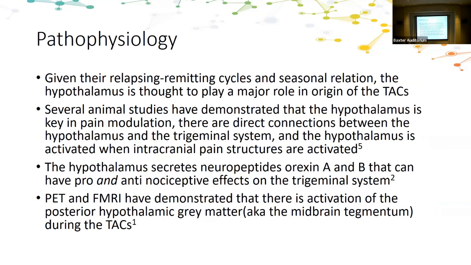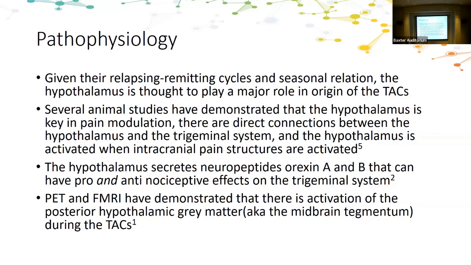Several animal studies have shown that the hypothalamus, we know, is key in pain modulation, and there are direct connections between the hypothalamus and the trigeminovascular system. The hypothalamus is activated when intracranial pain structures are activated. It secretes neuropeptides, orexin A and B, that can have pro and anti-nociceptive effects on the trigeminal system. So it's always kind of that checks and balances.